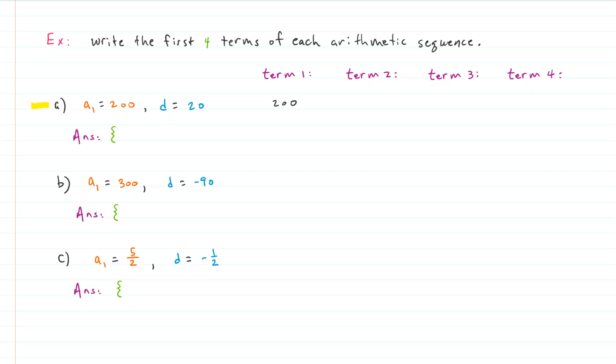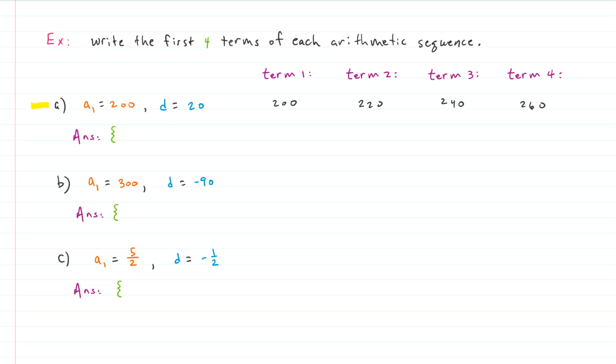So if I take 200 and add 20, then the second term has got to be 220. And then again, adding 20 again, I would have 240. And if I add 20 again, then I get 260.